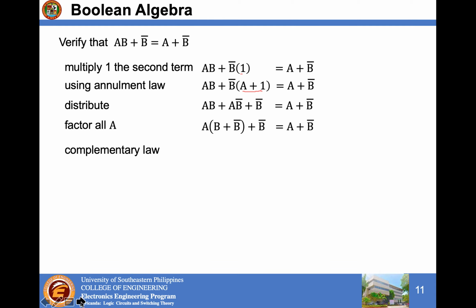Using the complementary law, that is equivalent to 1. And using the identity law, that is equivalent to A or B bar. So this equation is equivalent to this one.